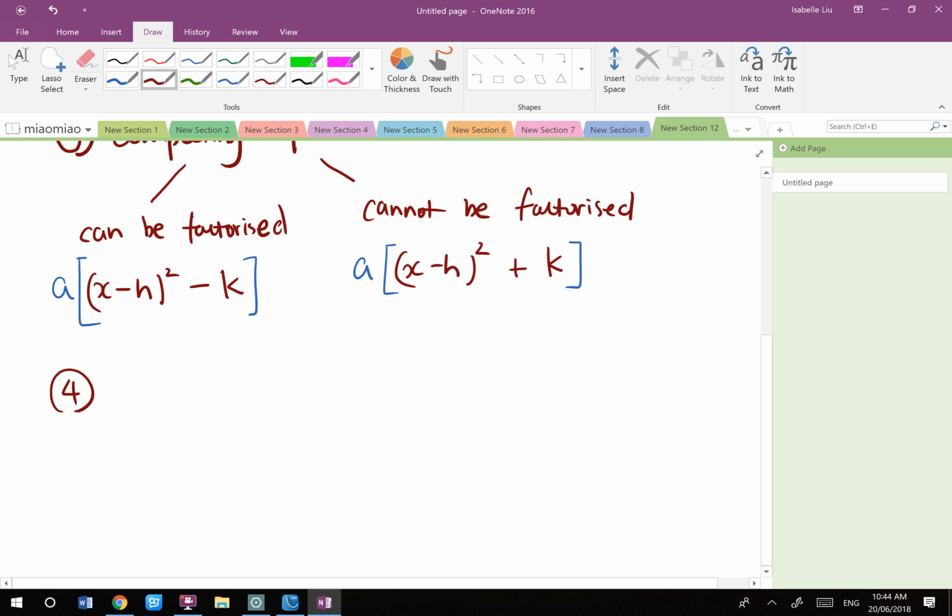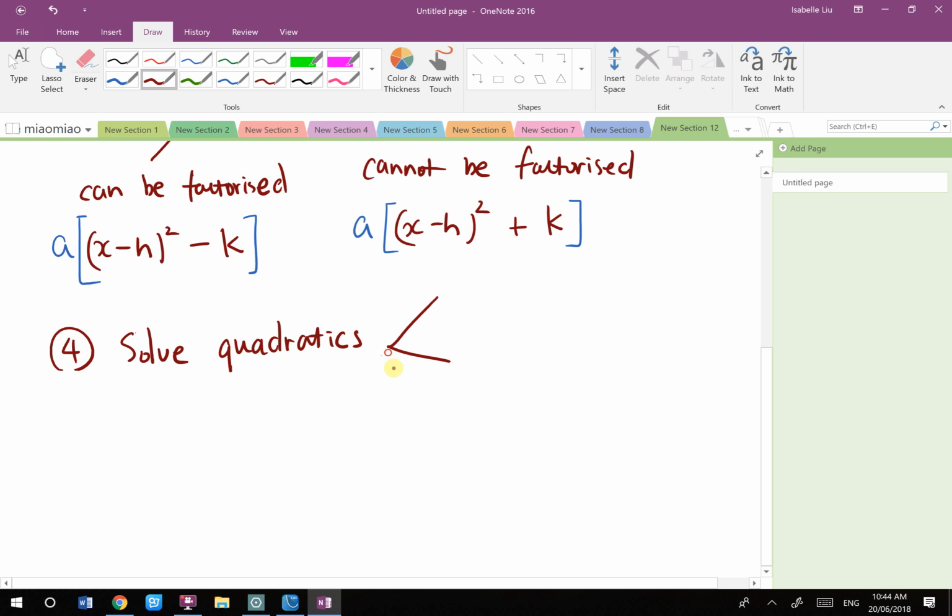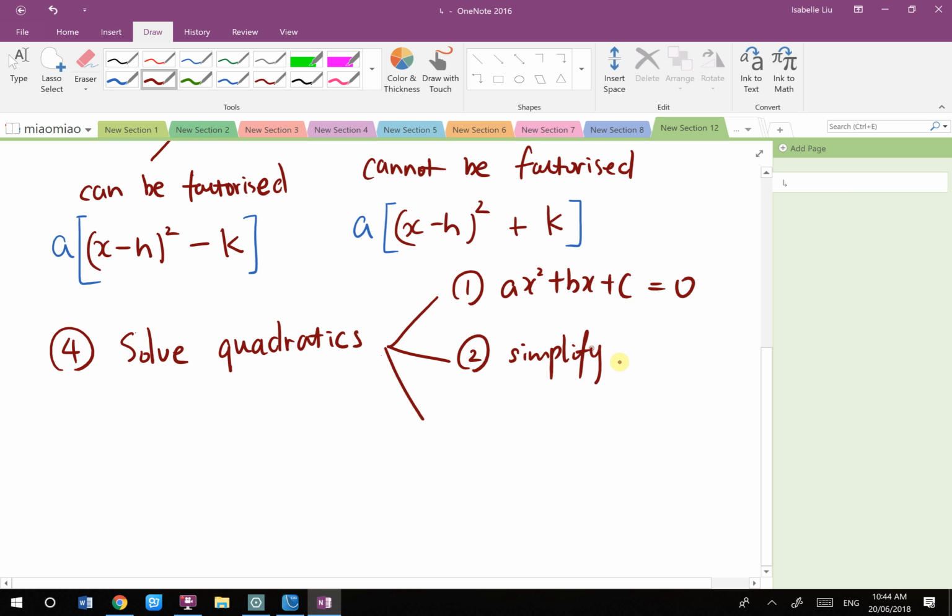And then we learn solving quadratics. When we solve it, I said there are three steps. First, make it ax squared plus bx plus c equals 0. Second, simplify and factorize.